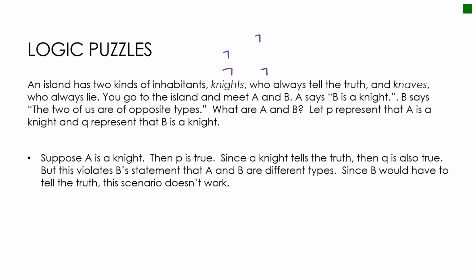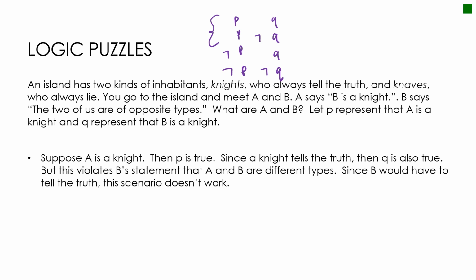So those are our four options. Keep that in mind as we're moving. I guess these should be P, since we said P was that A is a knight, and this should be Q. So we said suppose A is a knight, so I'm supposing that it's one of these two.